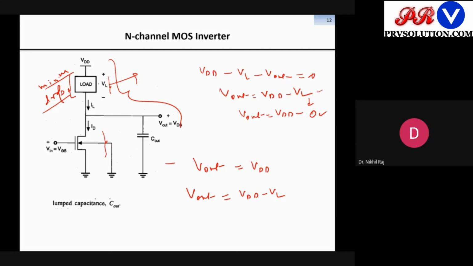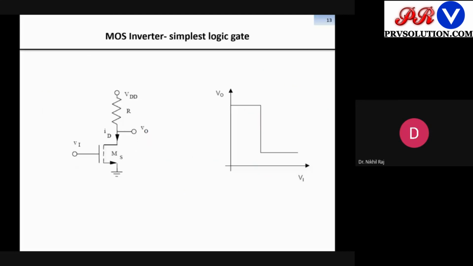So if we go for the load variation analysis, the simplest option is to put a resistor and then calculate. So what will happen here? When the input is 1, logic 1 is there. When the input is 0, logic 0 should come, but here it is not a perfect 0. Why not a perfect 0? Because there is some drop.